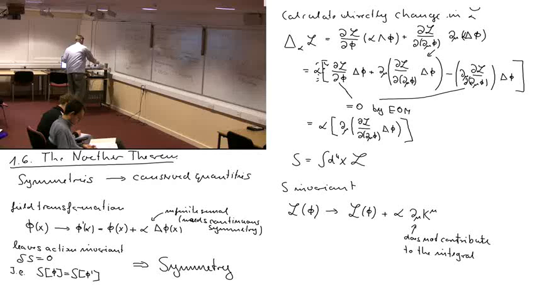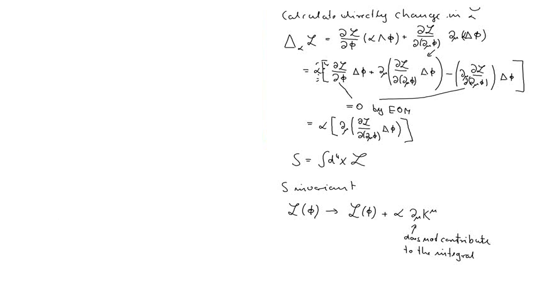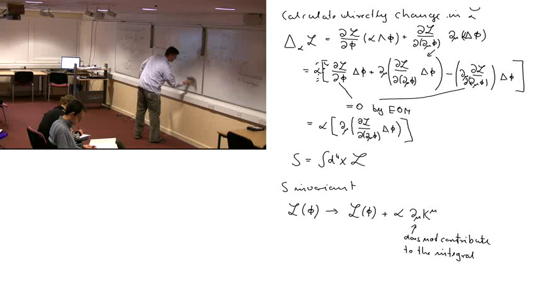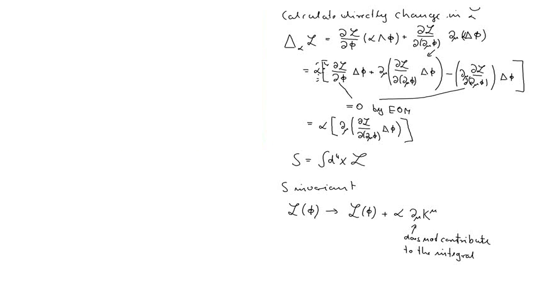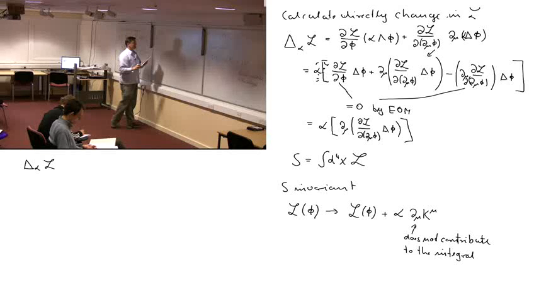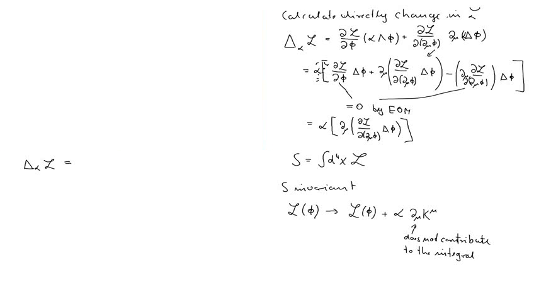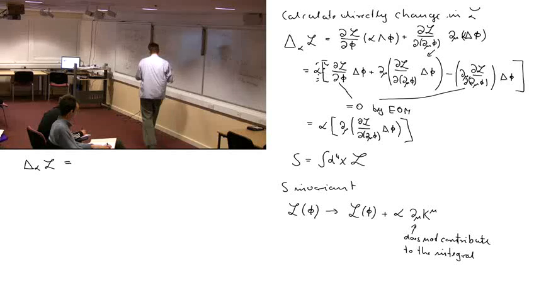That means, this means delta alpha of L must be equal, and the change in the Lagrangian density is, of course, just this, because the rest is completely invariant.